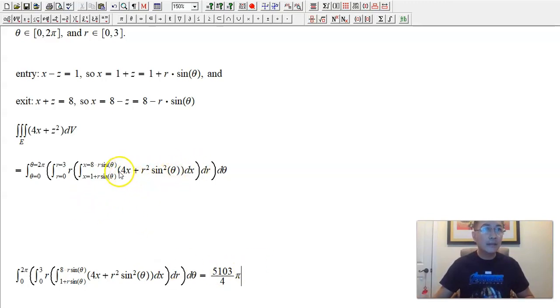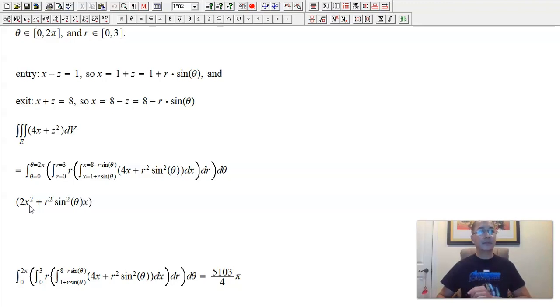From the inner integral, 4x with a dx gives 2x squared, and we have an extra x, so let me put an x over here. We are evaluating from here to here. It's always those squares that are annoying.